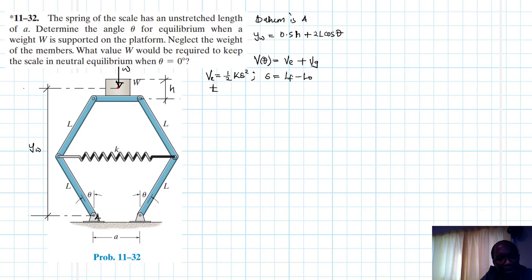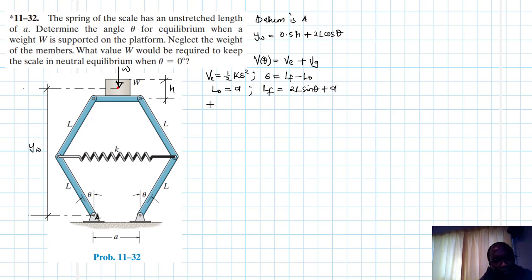Okay, and L original is just equal to A. And L final is equal to 2L sine theta plus A.